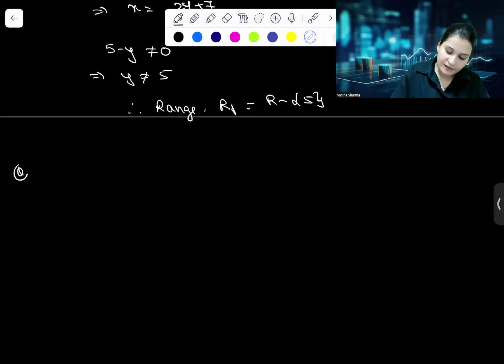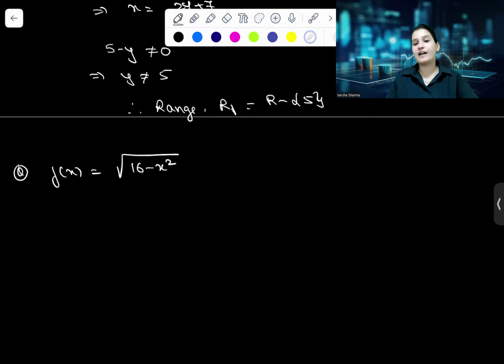Okay. Second variety, the function is under root 16 minus x squared. Find both domain and range.